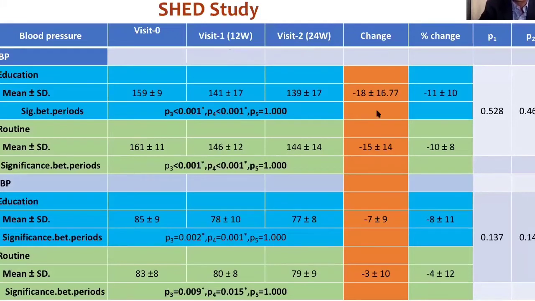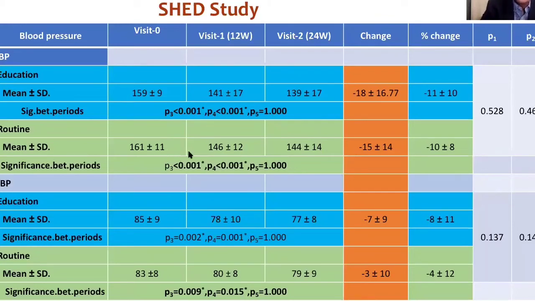Now, I want you to see the change in systolic blood pressure in the group that had the education. The blood pressure dropped by 18. In the group that had the routine service, it dropped by 15. When you look into the diastolic blood pressure in the intensive education arm, education helped the blood pressure to drop by 7 millimeters for diastolic, while in routine service, this was only 3.